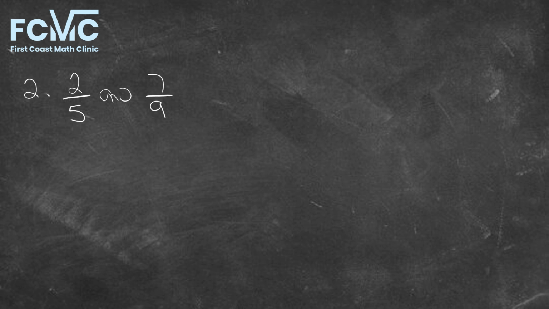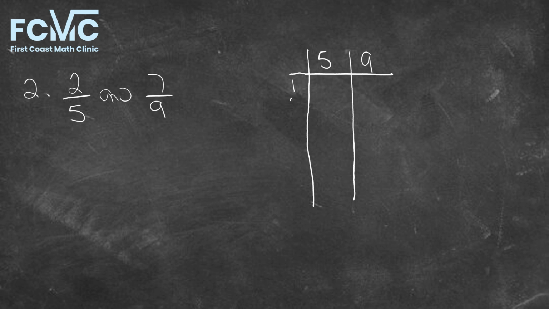Okay, so we want to find the common denominator for 2/5 and 7/9. So let's work on 5 and 9. Those are our denominators. So we're finding our least common multiple, which is the same as the common denominator. So let's multiply 5 times 1 through 9.